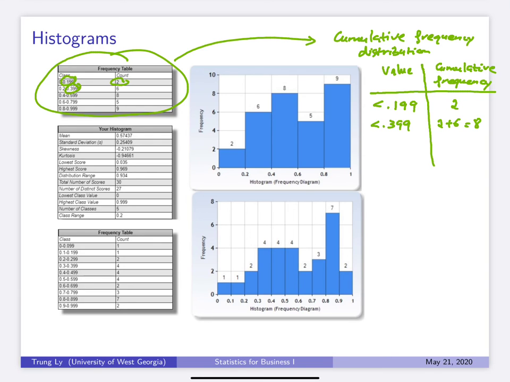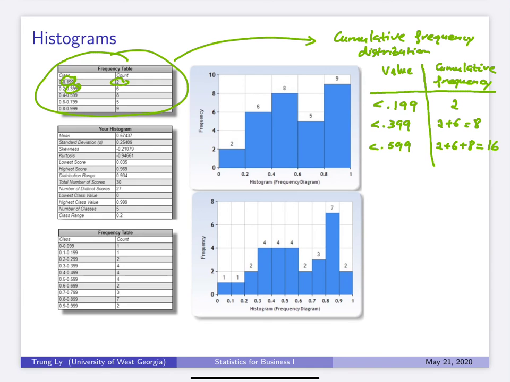So for the third bin, you're going to have less than 0.599. That gives us a cumulative frequency of 2 plus 6 plus 8, which is 16. So 2 observations between 0 and 0.199, 6 between 0.2 and 0.399, and then 8 observations between 0.4 and 0.599.